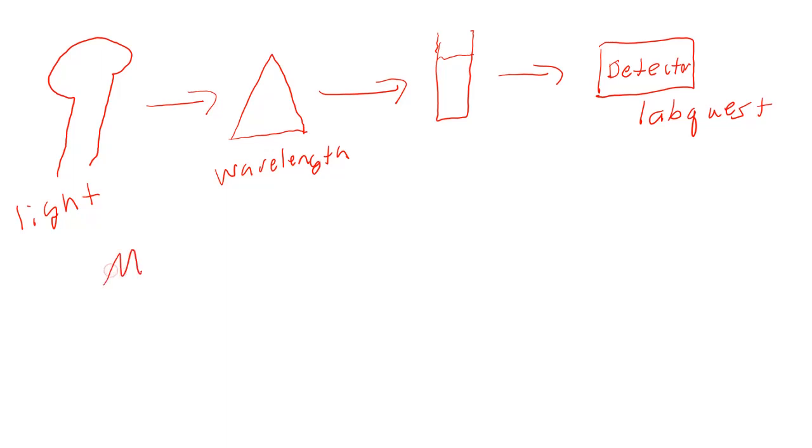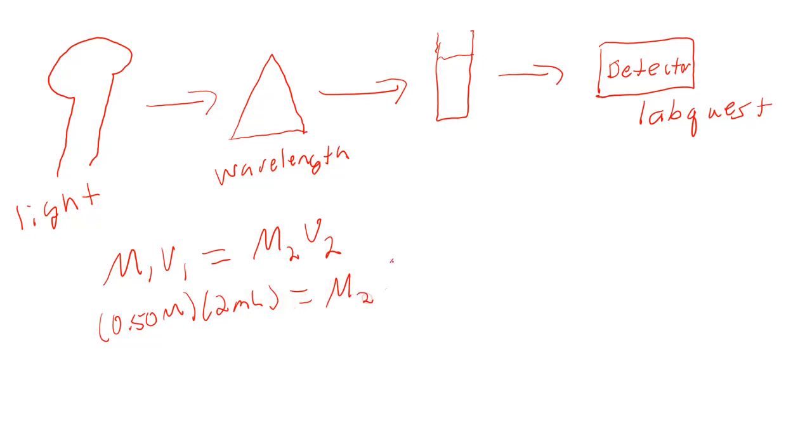So to get the concentration of our diluted solution, we need to take our good old friend M1V1 equals M2V2, and we're going to plug in, we're starting with a 0.50 molar solution, and we're going to put 2 milliliters of copper sulfate in there, and we're going to dilute that to a volume of 6 milliliters.